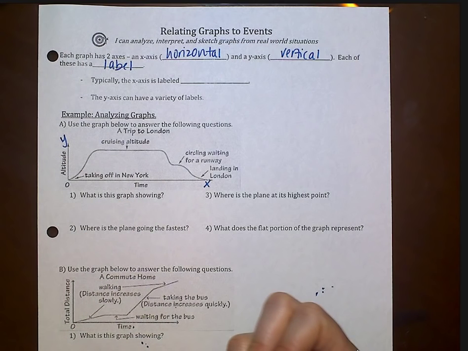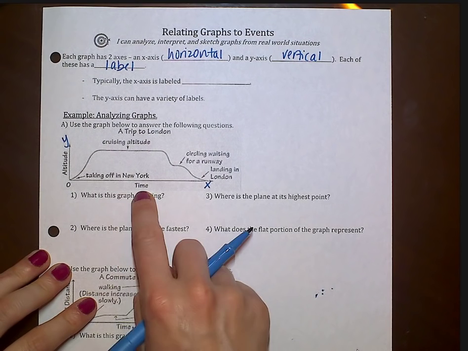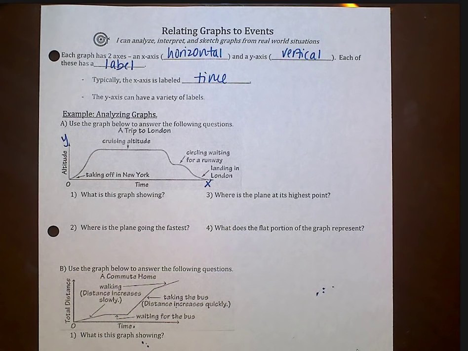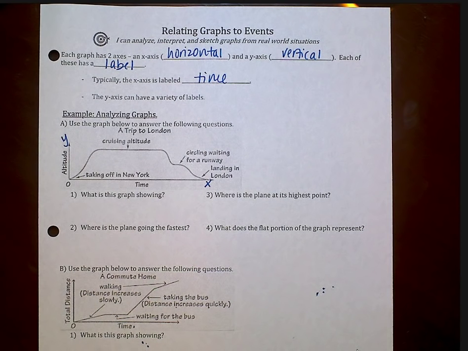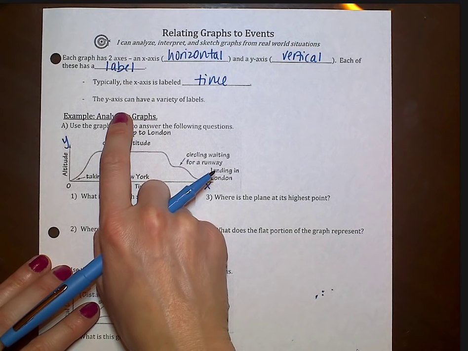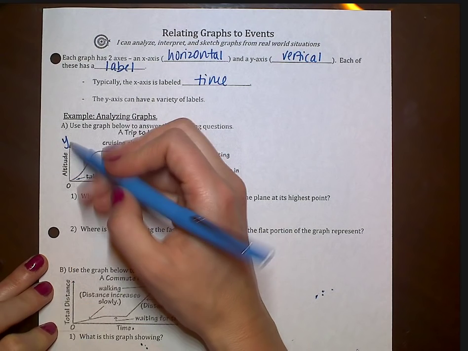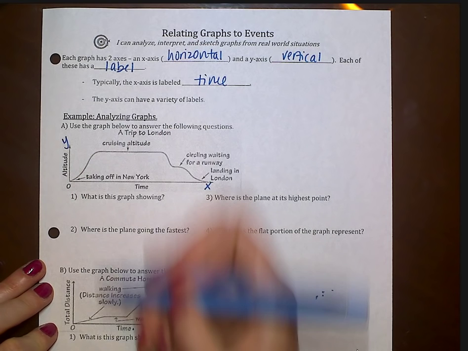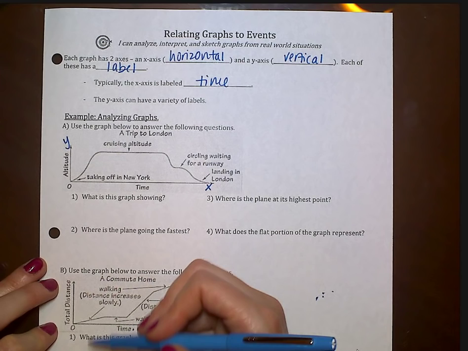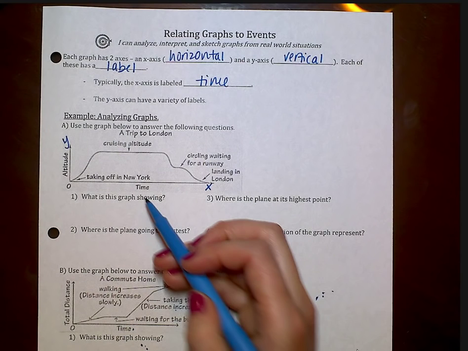In the examples that we do, the x-axis will always be labeled time, so you're analyzing how something is changing over time. The y-axis is what's going to vary from problem to problem. It might say altitude, like example A, total distance, speed, height. That will change depending on the example, but the x-axis will be time.